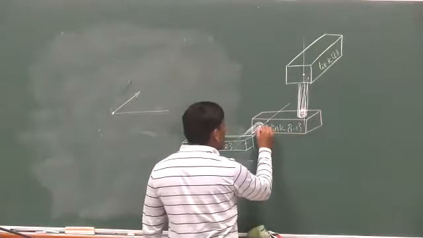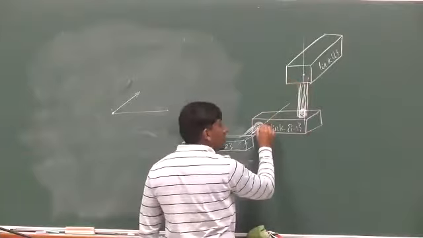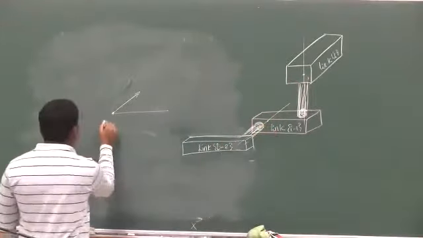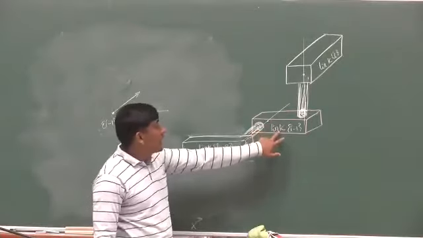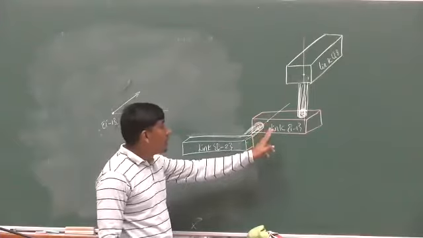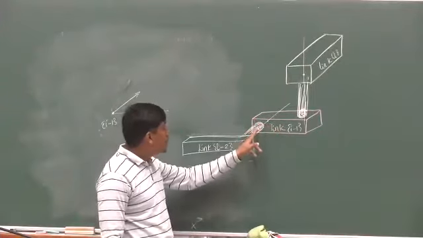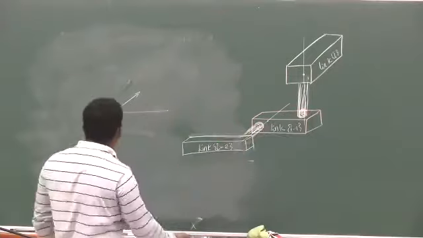I want to know the information of this with respect to this. This link i minus 1 has two axes: joint i minus 1 and joint i. That is what we are trying to see.